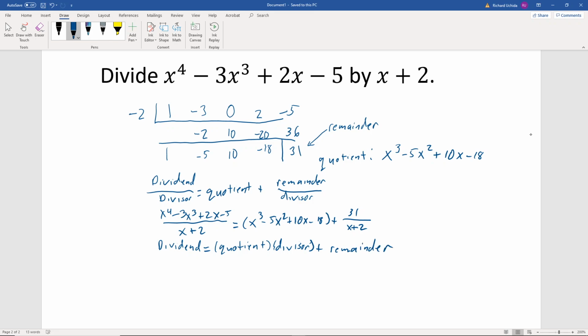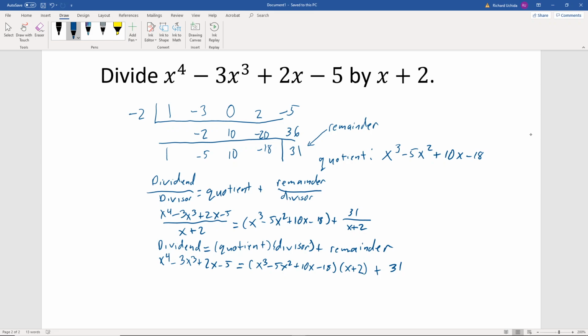Now in this example, that's telling us that x to the fourth minus 3x cubed plus 2x minus 5 is equal to our quotient, x cubed minus 5x squared plus 10x minus 18, times our divisor, the x plus 2, plus our remainder, so that'll be 31.